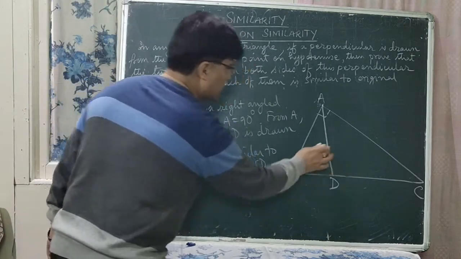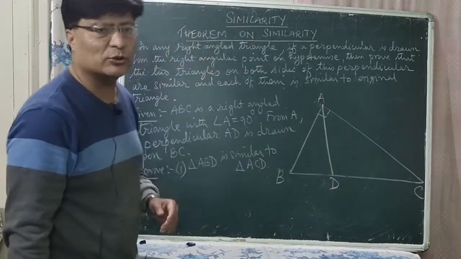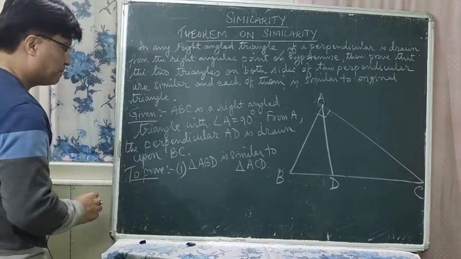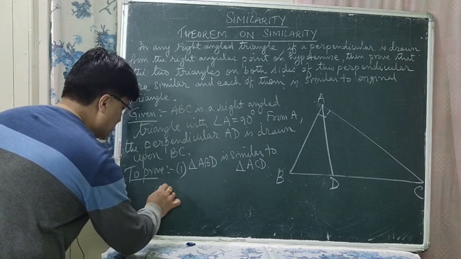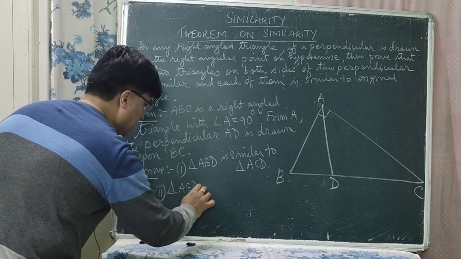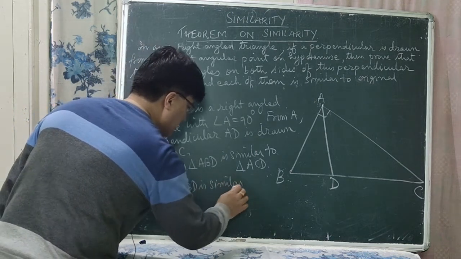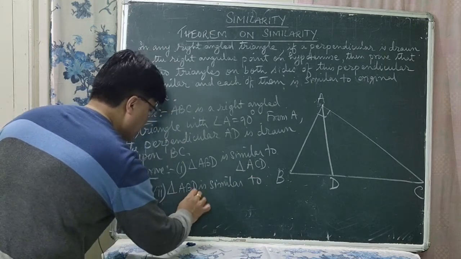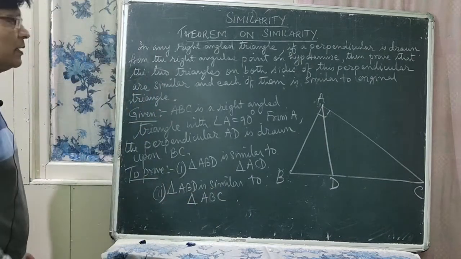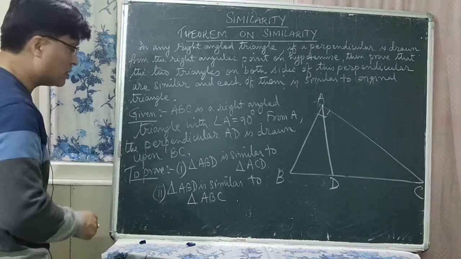So these two triangles on each side of the perpendicular AD are similar to each other. That means triangle ABD is similar to triangle ACD, right? And then next, number 2, triangle ABD is similar to the original triangle. Which is the original triangle here? ABC. Triangle ABD is similar to triangle ABC. That is your original triangle.